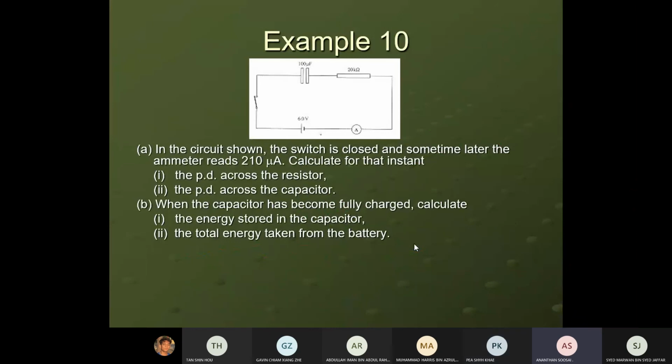Okay, so now one example again, 1 minute for you. Read the question, try to predict the answer. Of course, the next slide is the answer. Don't switch to the next slide.